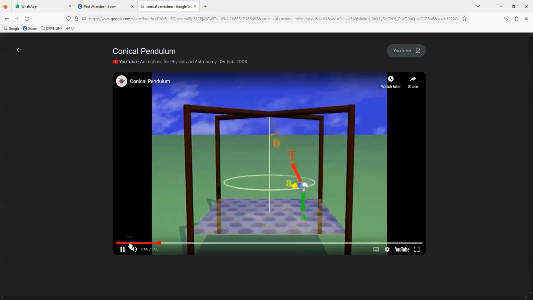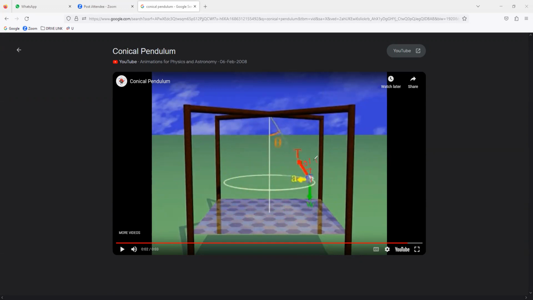See, this is the conical pendulum. Observe the picture carefully. Three things: the tension acting towards the center. Everyone observe very carefully. Now you can see the picture where you can notice everything we have drawn in the diagram. Here theta means here also theta.